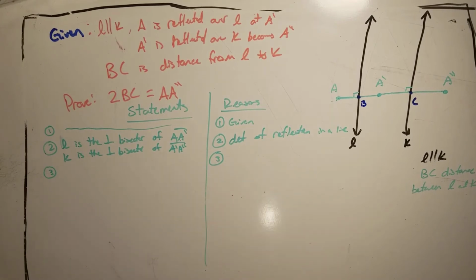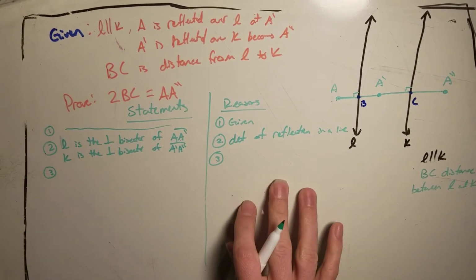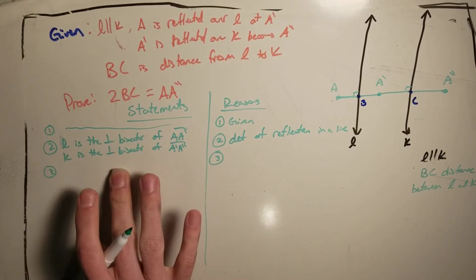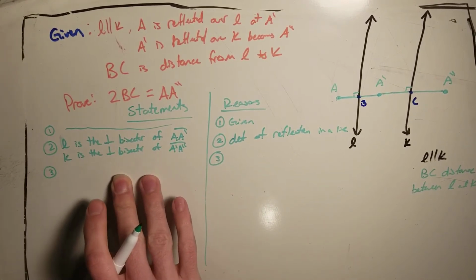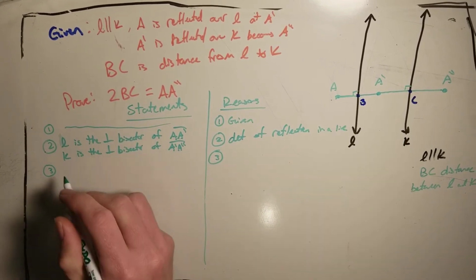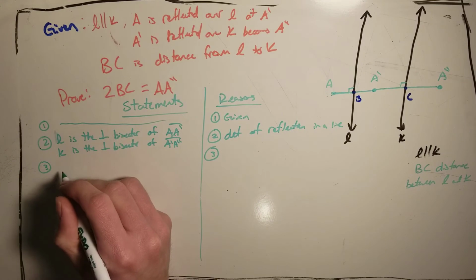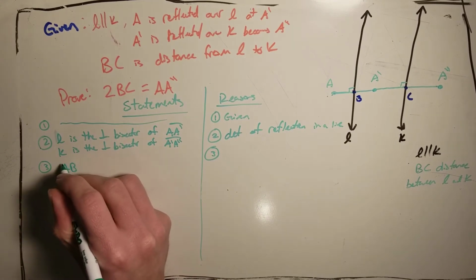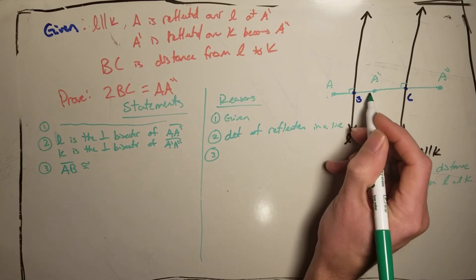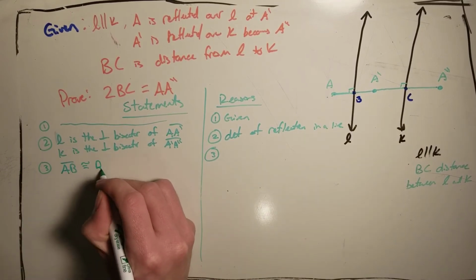All right, on to the third. So try to think on your own what would be a good step to take after this. What does having the perpendicular bisector tell us? And what it tells us is going to be that our distance from A to B, that will be congruent to B to A prime.